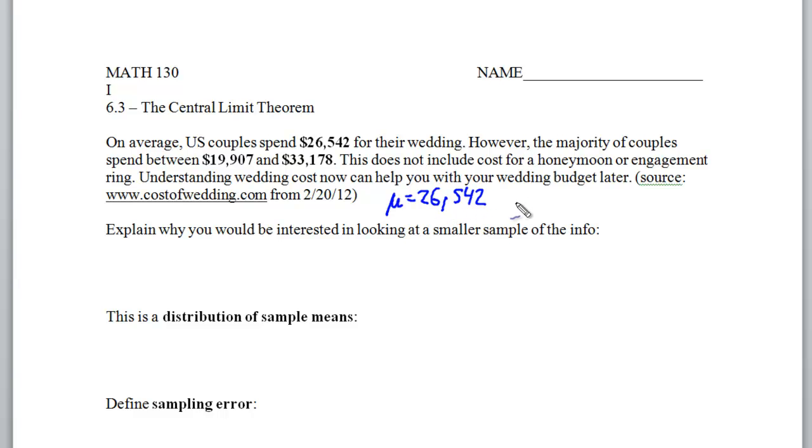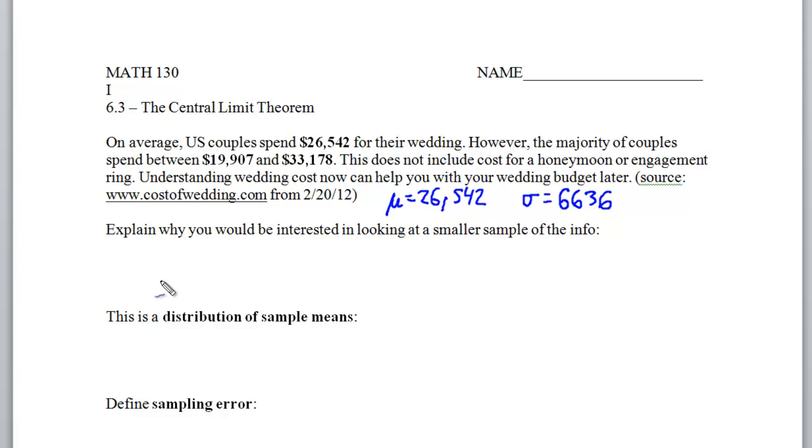And our standard deviation is also given in this problem because they said that most people spend between $19,000 and $33,000. And by doing a little subtraction and addition, you can see that they got a number of $6,636. So the standard deviation is $6,636 from this population.